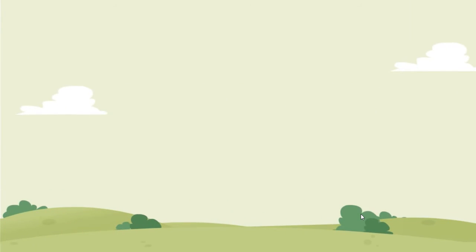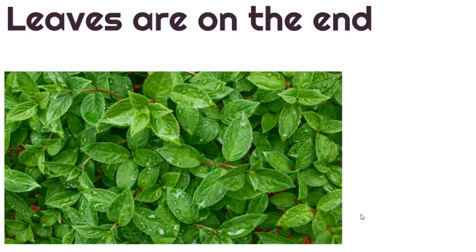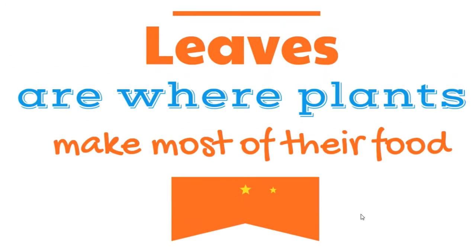The next part of the plant we're going to learn today are leaves. The leaves are on the end of the stems of plants. And this is interesting. Leaves are where plants make most of their food.